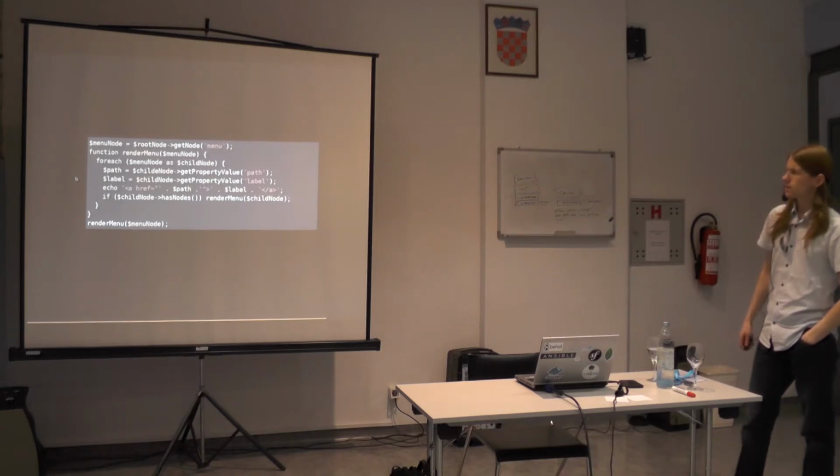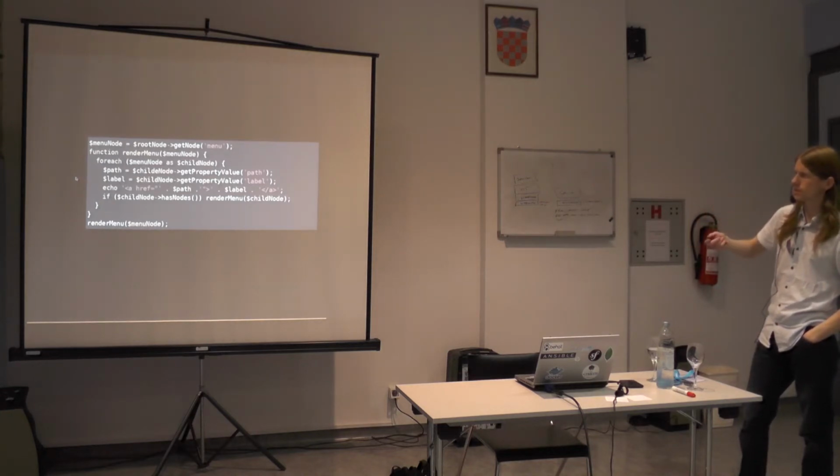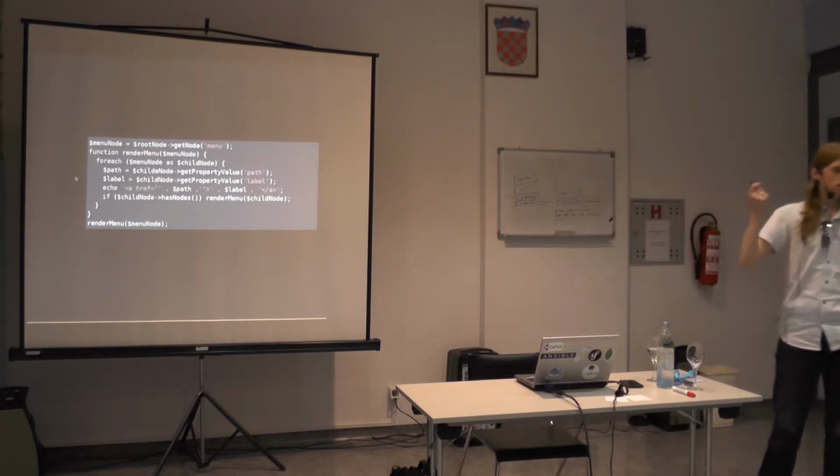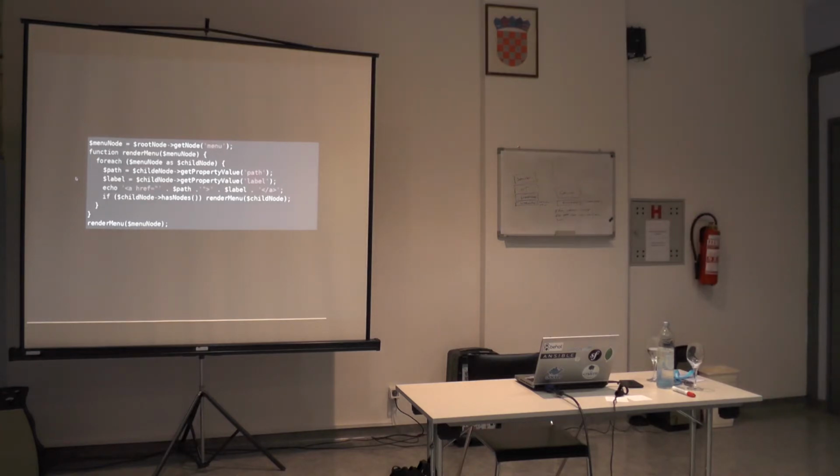So to do this, you don't need to, but we are going to retrieve another root node. I forgot the part where you need to create the menu, but you probably know how to create nodes already. But you can create a menu. You can do it however you like.